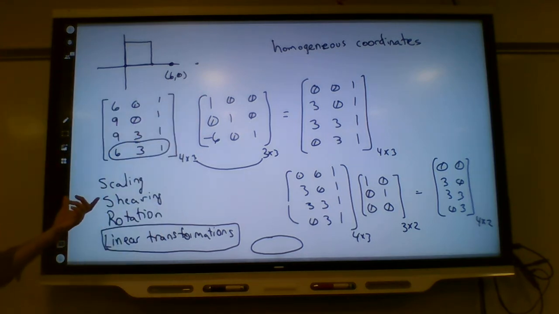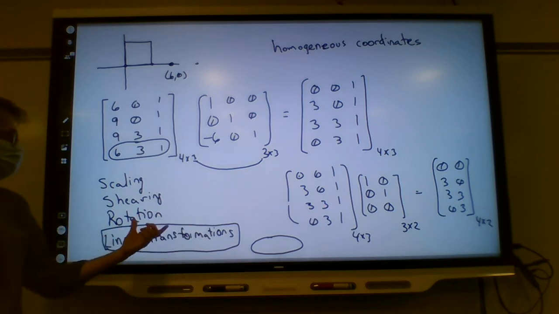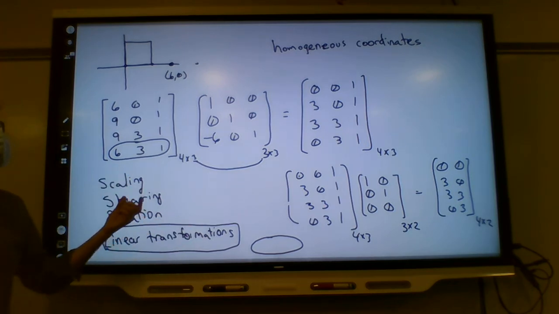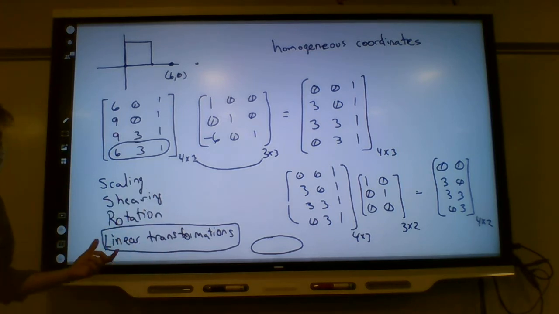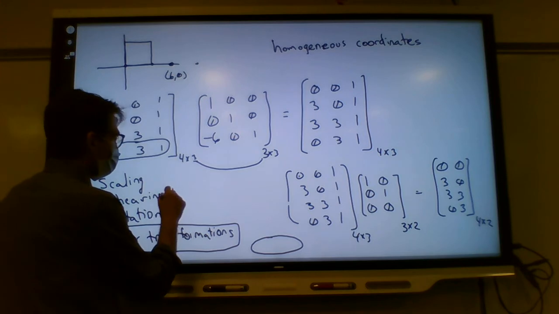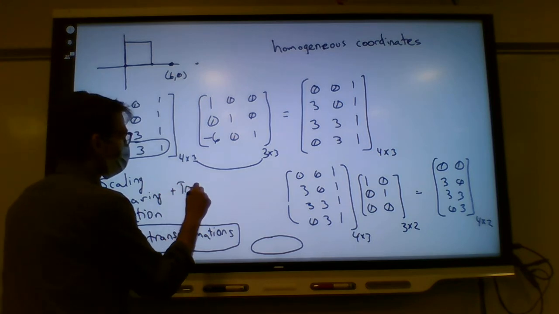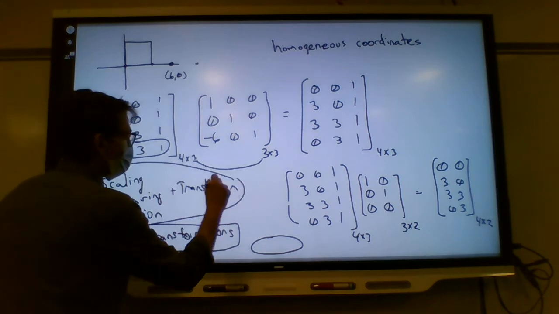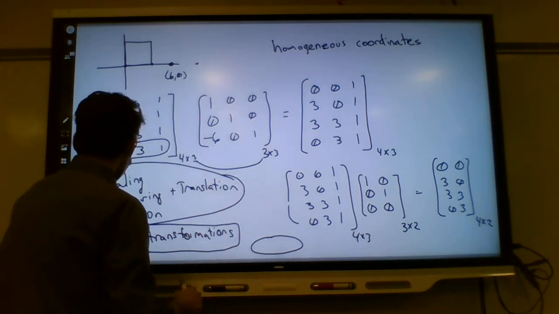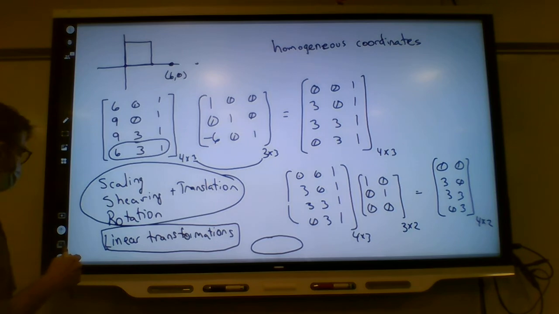And so we have linear transformations that keep the origin fixed, and translation together with all of this forms a kind of transformation that, if we add translation to it, the term is an affine transformation.